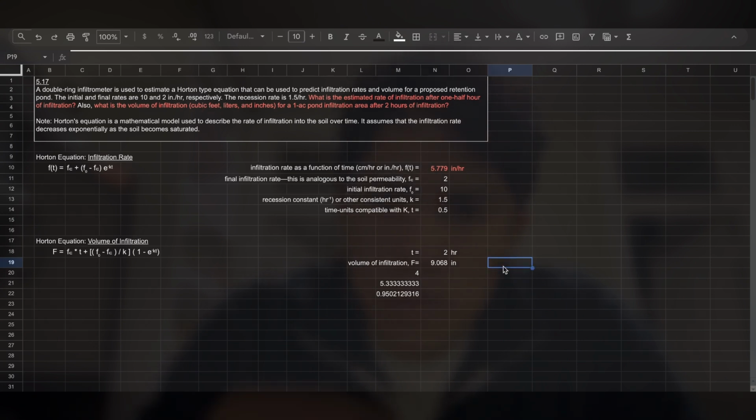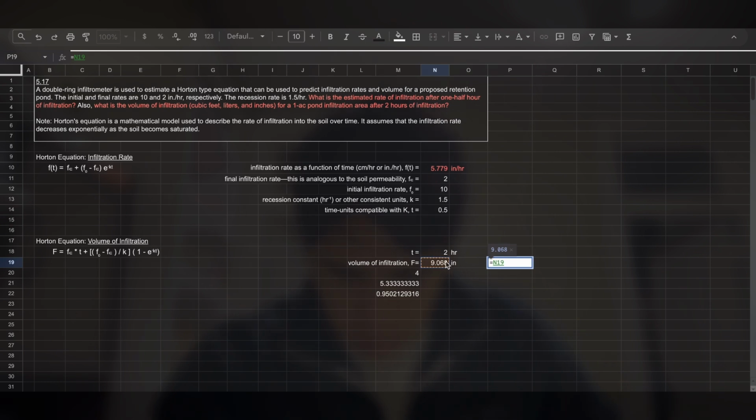So let's convert these inches to cubic feet, and all we need to do is the conversions, which is times 1/12 to convert from inches to feet, and then we need to multiply by the area, which is 1 acre.